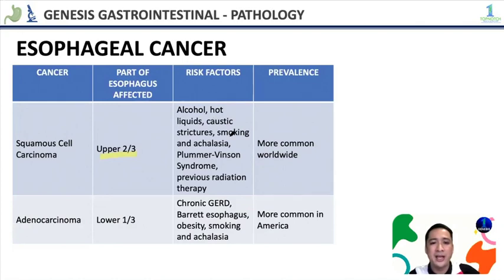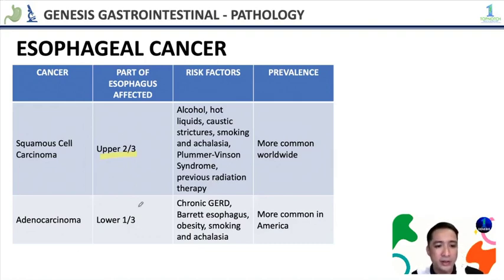Caustic strictures, smoking, achalasia, Plummer-Vinson syndrome, esophageal web, iron deficiency anemia, and history of previous radiation therapy of the neck, for example, radiation therapy of nasopharyngeal carcinoma.